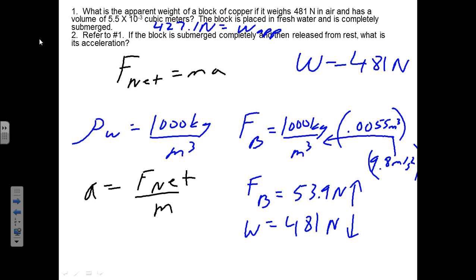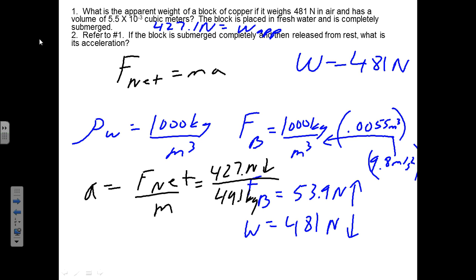In this problem, our net force is 427.1 newtons down. And the mass of our object is going to be the regular weight, 481, divided by 9.8. So the mass of our object is 49.1 kilograms.